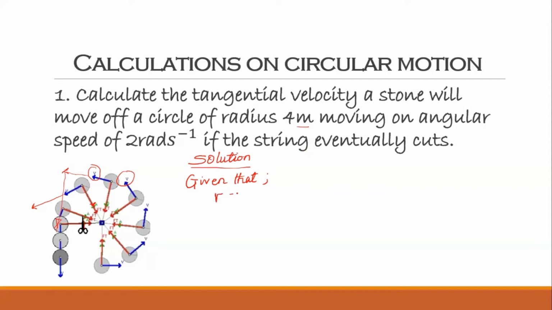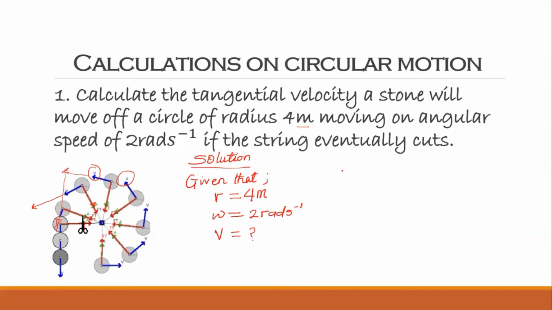The radius r is given to be 4 meters, and angular speed omega is given to be 2 rad per second. Are we clear? And the question says you should find the tangential velocity, which is v. So we are looking for tangential velocity.